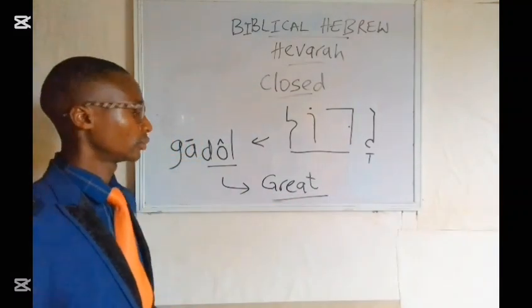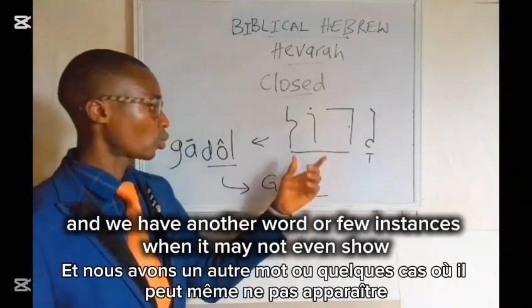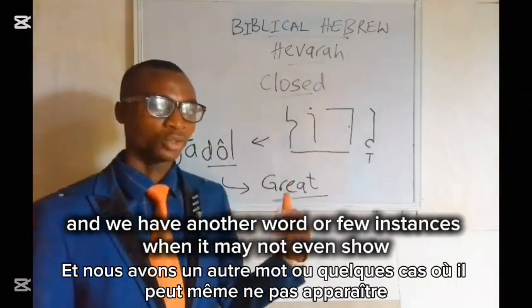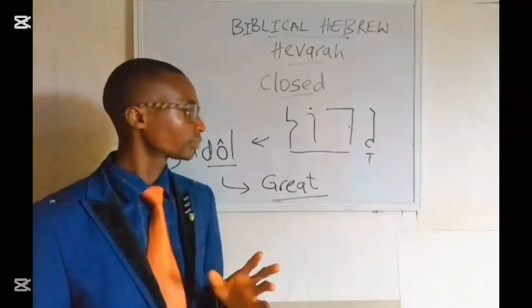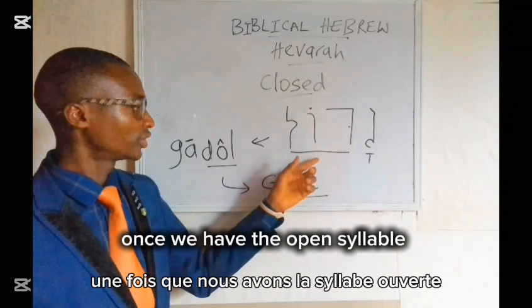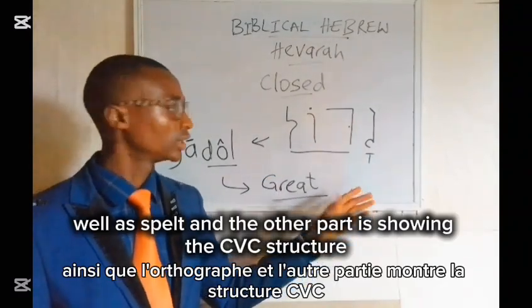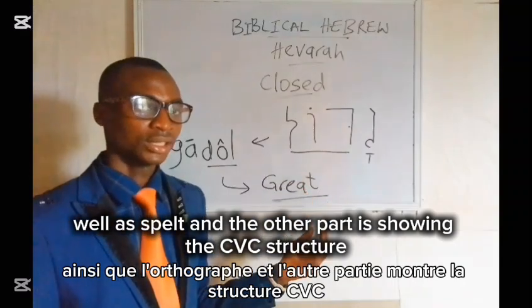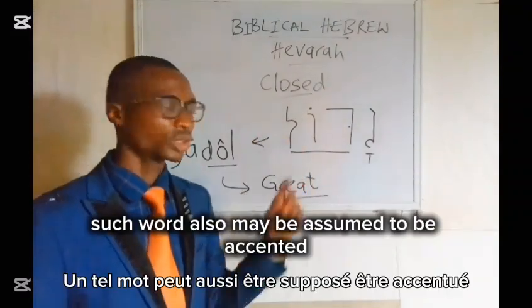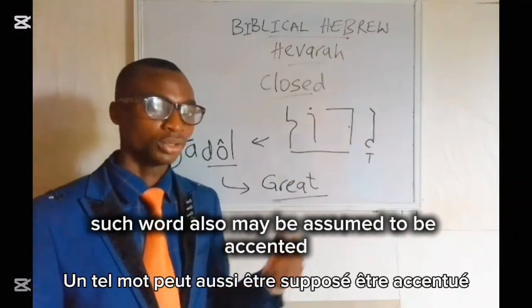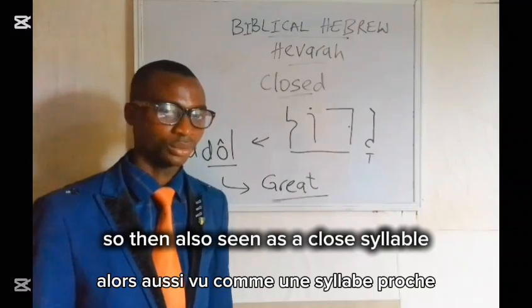So we have another word, or a few instances, when the accentuation mark may not even show, may not be there. However, once we have the open syllable well spelled, and the other part is showing the CVC structure, such a word might also be assumed to be accented, so then also seen as a closed syllable.